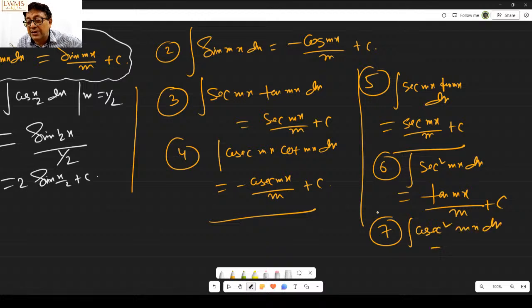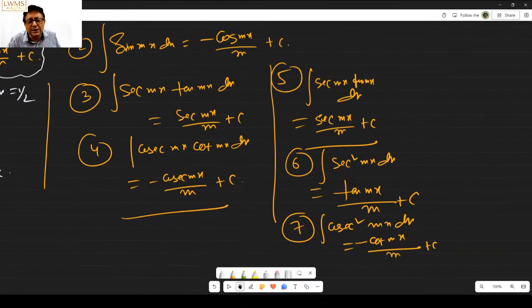Cosec square mx dx will be minus cot mx by m plus c. Clear? Okay?